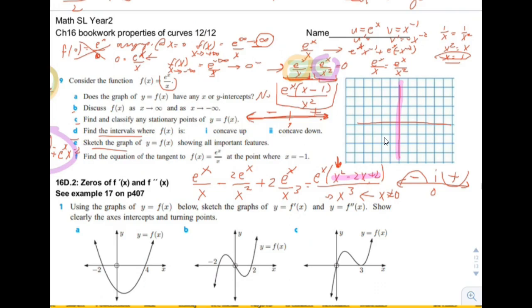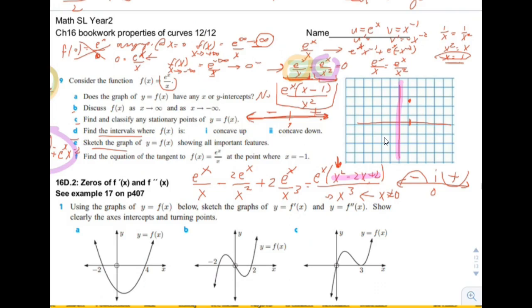But we also know that there is a critical point at x equals 1. At x equals 1, the function itself is equal to e over 1, which is about 2.7, so it's right there.